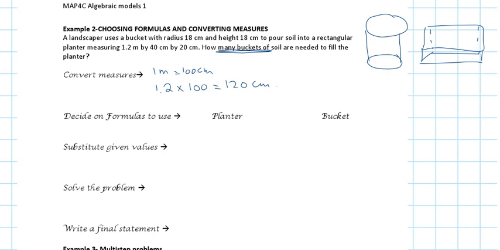Pi r squared h. This is the volume, so that's pi r squared h. And then the planter is length times width times height.